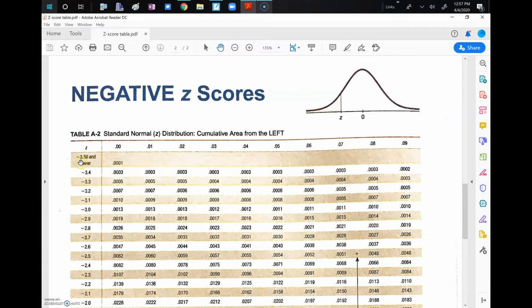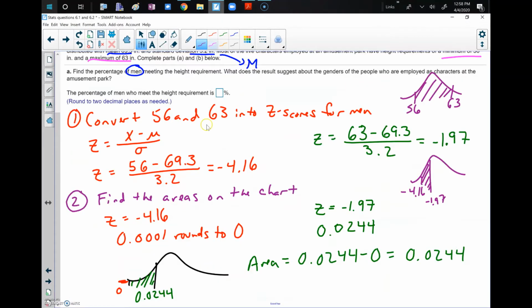We can see any data value that is smaller than negative 3.5, we would essentially consider our area to be 0.0001. And similarly to what we saw in our last problem, sometimes we just round that down to 0, depending upon the situation. In this case, because negative 4 is so extremely on the left, we're just going to consider that to be a value of 0, or an area of 0.